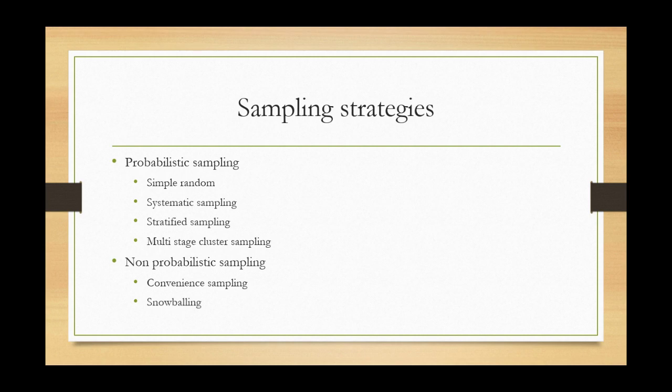We have one that is called simple random sampling. This is the most popular and the most rigorous form of probability sampling from a population. In simple random sampling, the researcher selects participants or units, for example organizations such as hospitals or schools, to create a sample so that individuals have equal chances of being selected from the population.